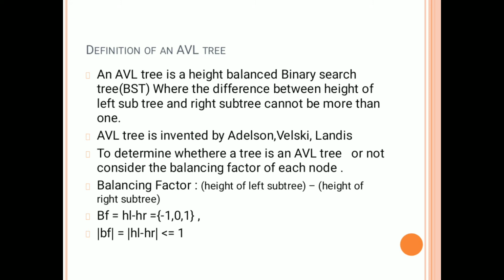To determine whether a tree is an AVL tree or not, we consider the balancing factor of a node, of each and every node. So how to calculate the balancing factor? The balancing factor can be calculated by using the height of the left subtree minus the height of the right subtree. Balancing factor is indicated with BF. So the formula is BF equals height of left subtree minus height of right subtree.